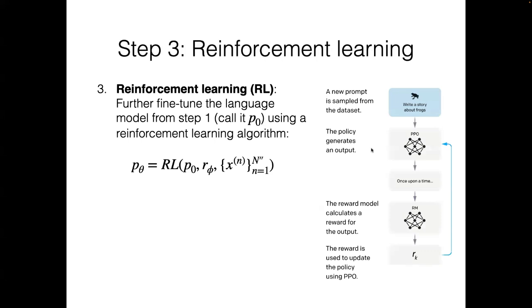So here's again the picture where you have some prompt, write a story about frogs. Now inside the reinforcement learning algorithm, the model is generating an output, once upon a time. The reward model gives it a score. And so some of these will be high score, some will be low score, and then the algorithm will update the model based on the scores.